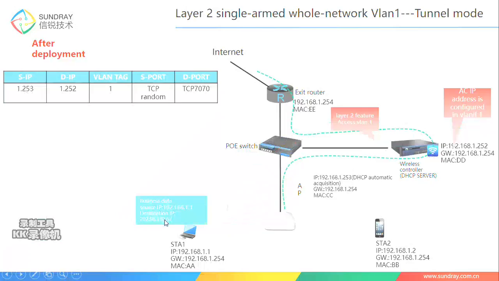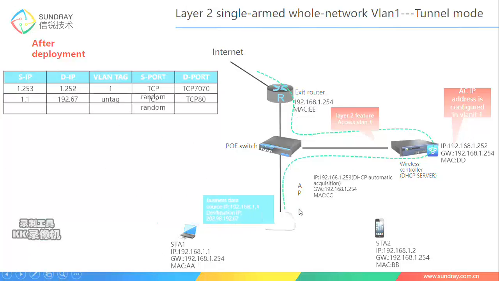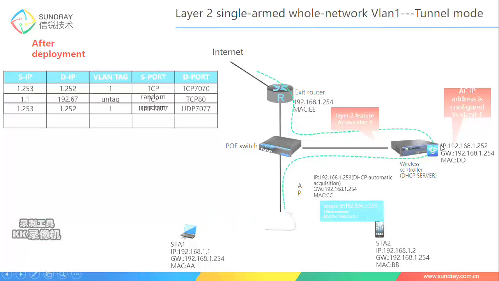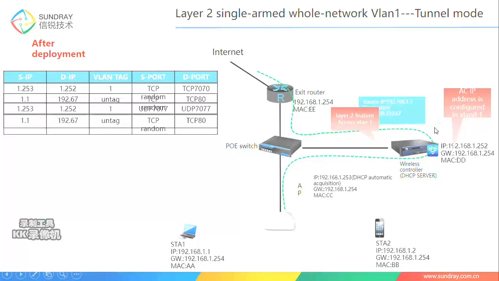And this is the business data from the terminal to the internet. First it has to go from the access point to the controller, and then from the controller to the internet. So this is the tunnel mode in layer 2 single arm mode.